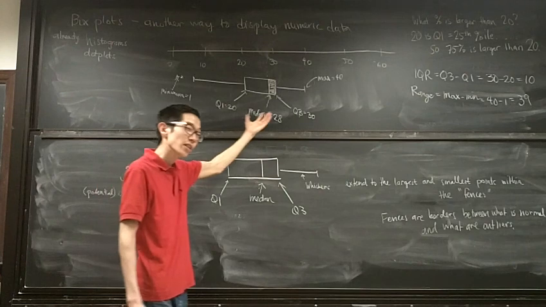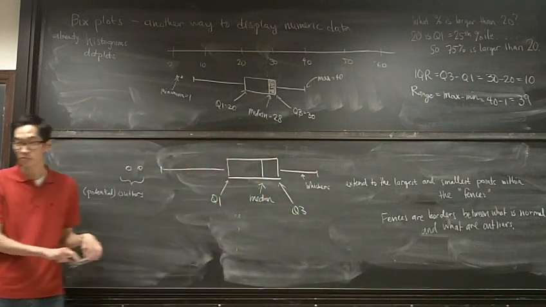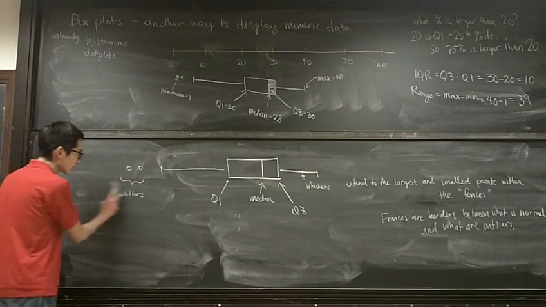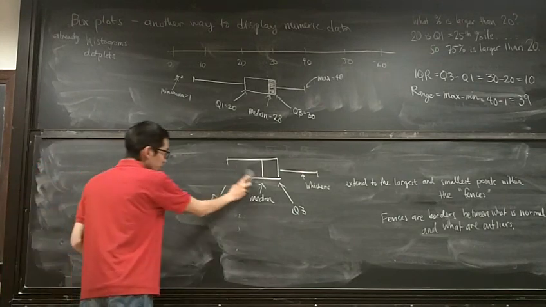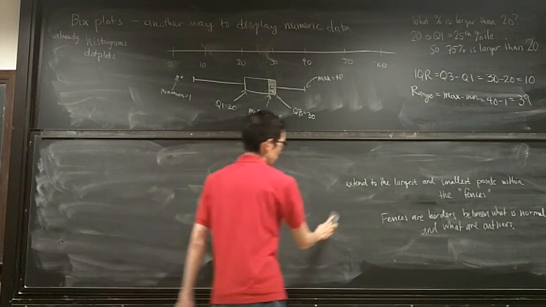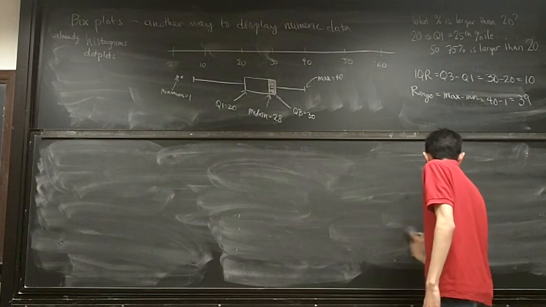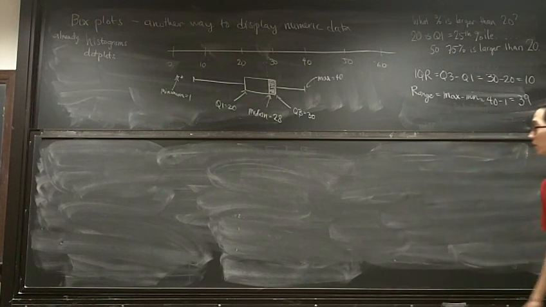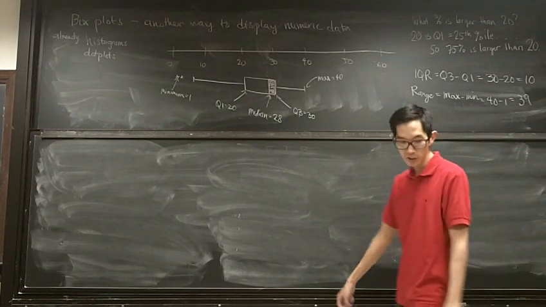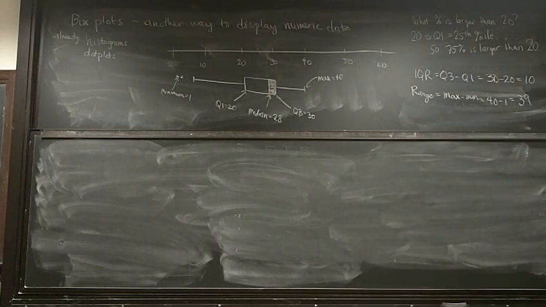You have some practice in your homework, okay? And you got some examples in your book. So be sure you can identify Q1, Q3, and the IQR from the box plot.